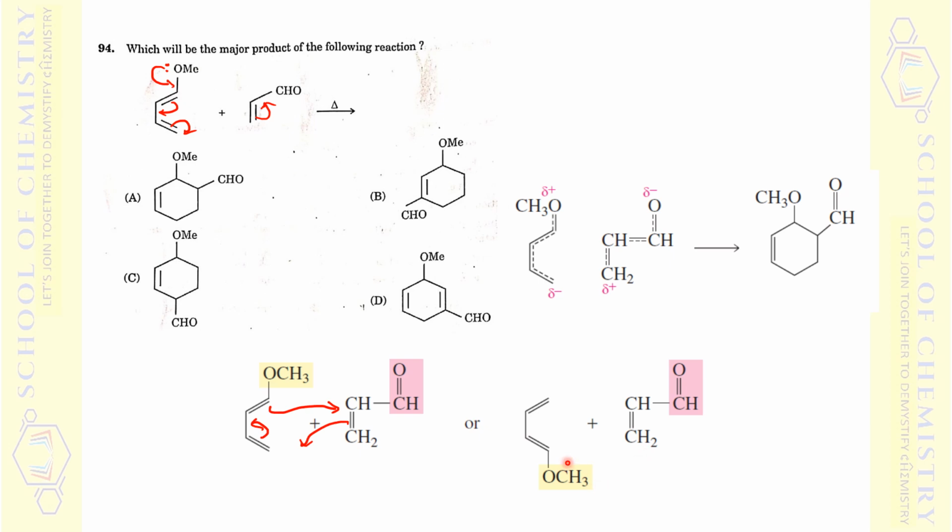If you consider the other way, the charges developed will not favor the 4+2 cycloaddition, because these two positions will not be getting the opposite charge. So in this particular orientation, the minus charge and plus charge are in the proper orientation, and the product will be this one.